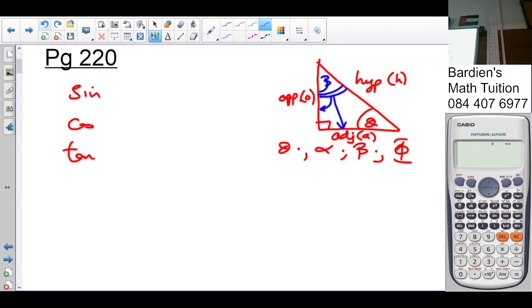Your hypotenuse will remain your hypotenuse because the hypotenuse is along the side. Alright.